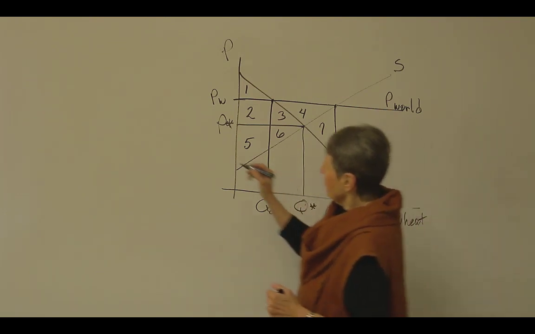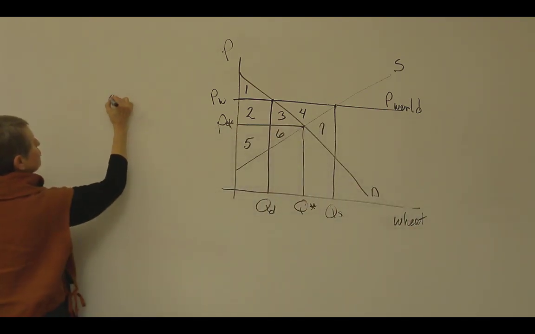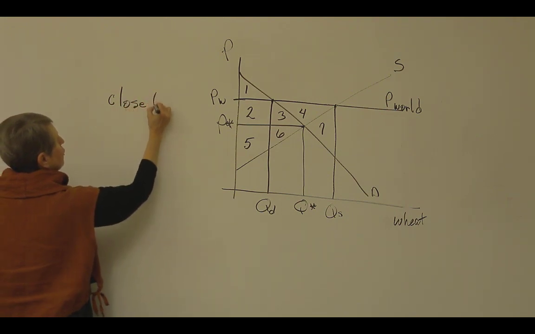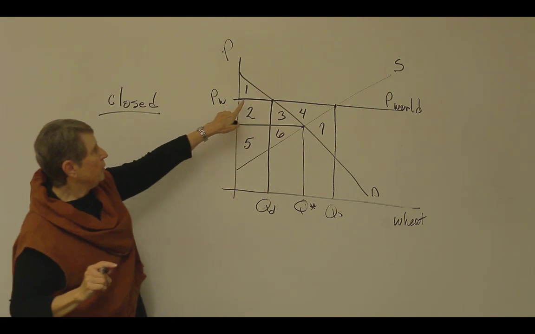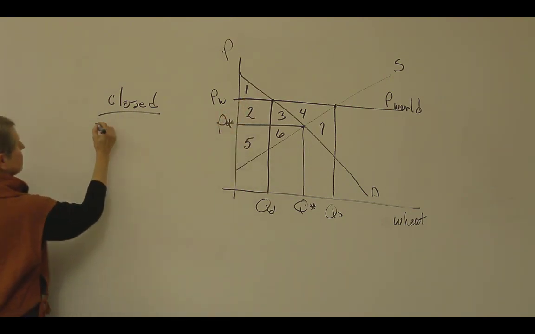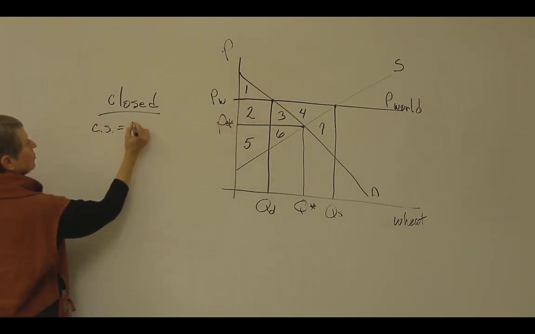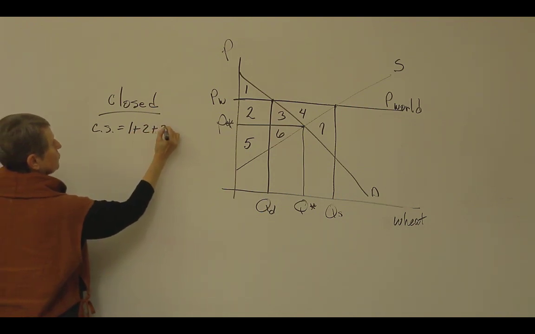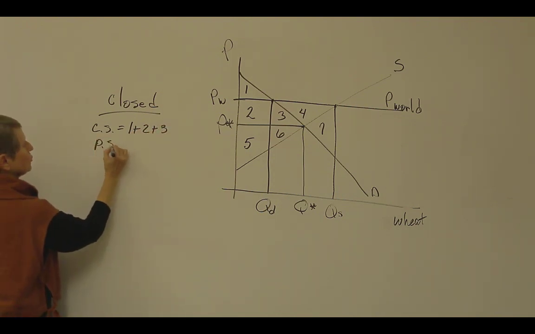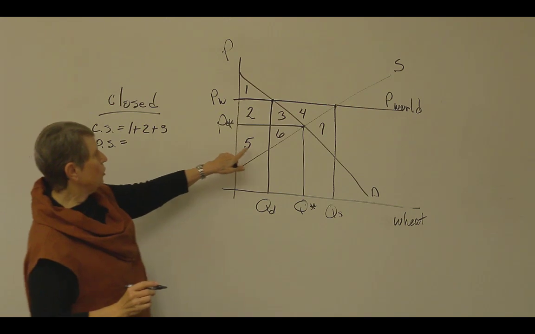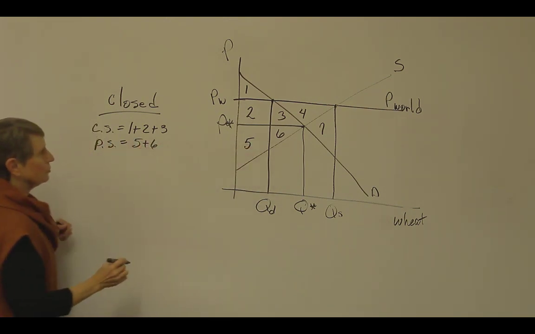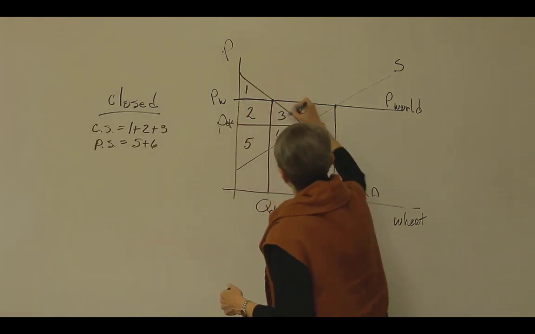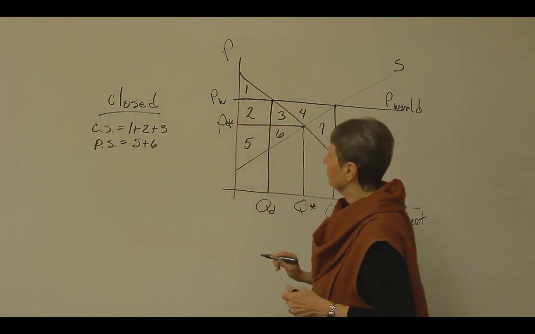Okay, so if the economy is closed, no trade, then consumer surplus equals 1 plus 2 plus 3. And producer surplus, if the economy is closed, is 5 plus 6. So here we have the closed economy.